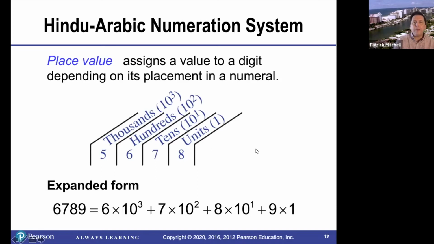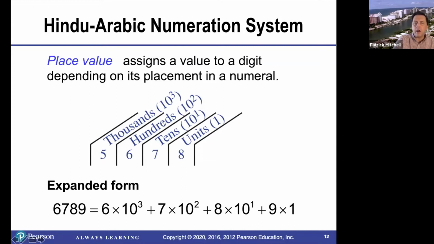All right, more about place value. Place value assigns a value to a digit depending on its placement in a numeral. So in the base 10 system, the rightmost digit represents ones or units. The second to the right digit represents tens, and the next digit to the left represents hundreds.